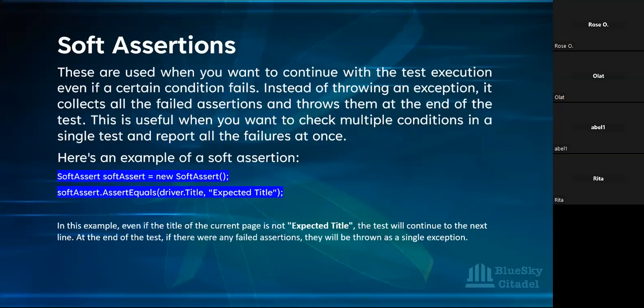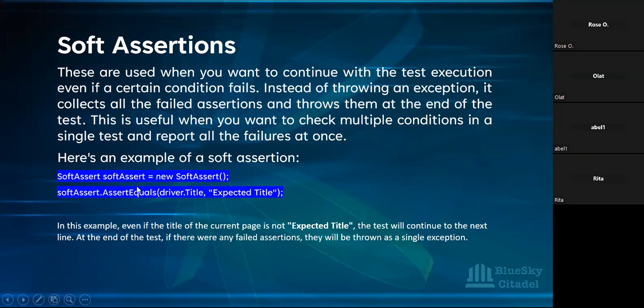Soft assertions are used when you want to continue with the test execution, even if a certain condition fails. Instead of throwing an exception, it collects all the failed assertions and throws them at the end of the test. This is useful when you want to check multiple conditions in a single test and report all the failures at once.